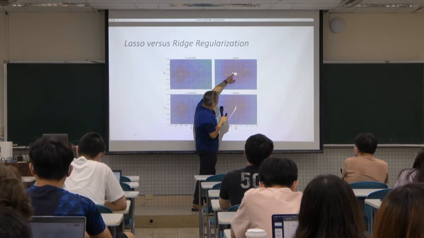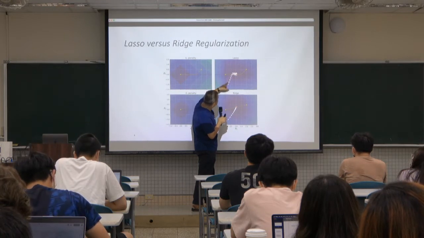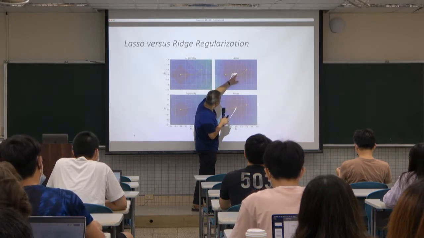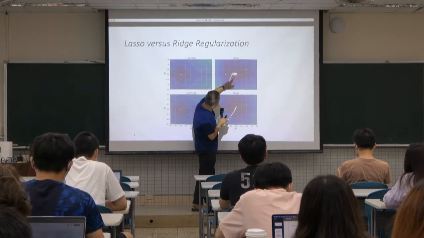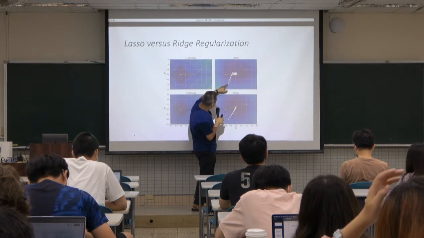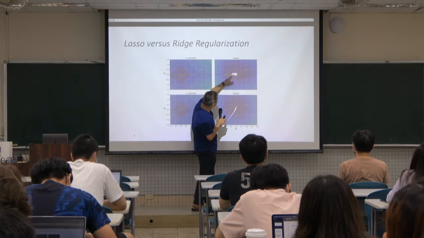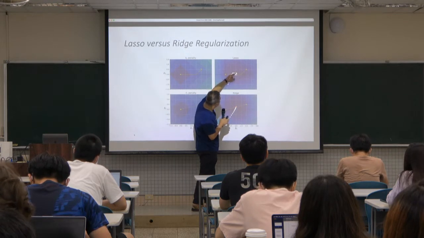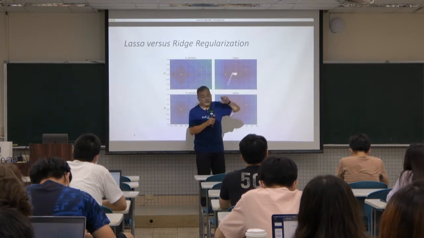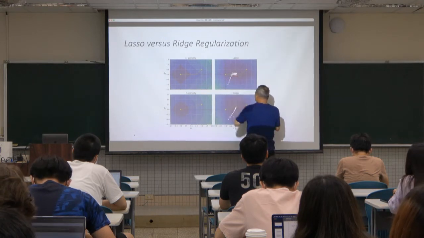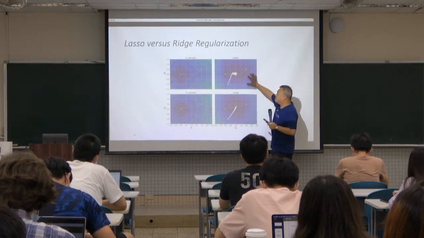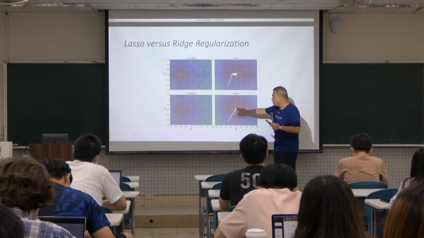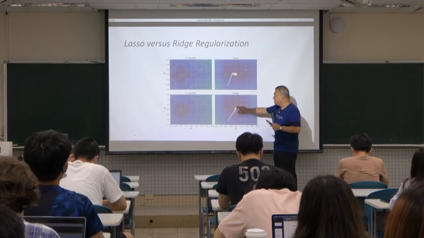At least for L1, we know the optimal location is here. Starting from a random place, it goes toward this optimal location and gradually converges to here, but there are some fluctuations when it converges to the optimal. And this is lasso, L1. For ridge, it is much smoother. It goes almost straight to the optimal, right?